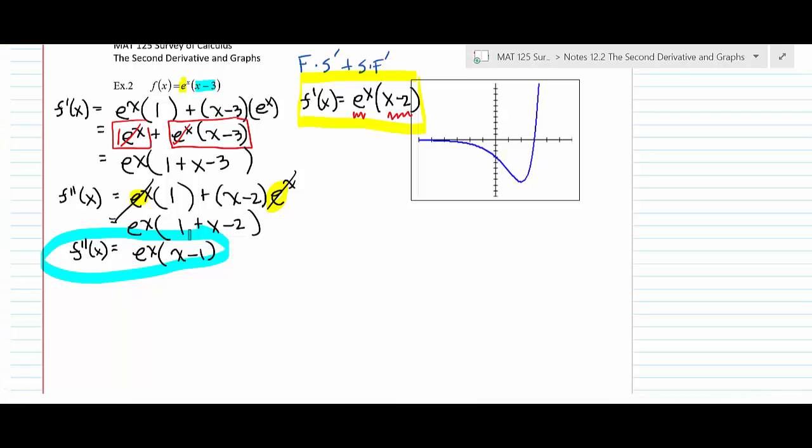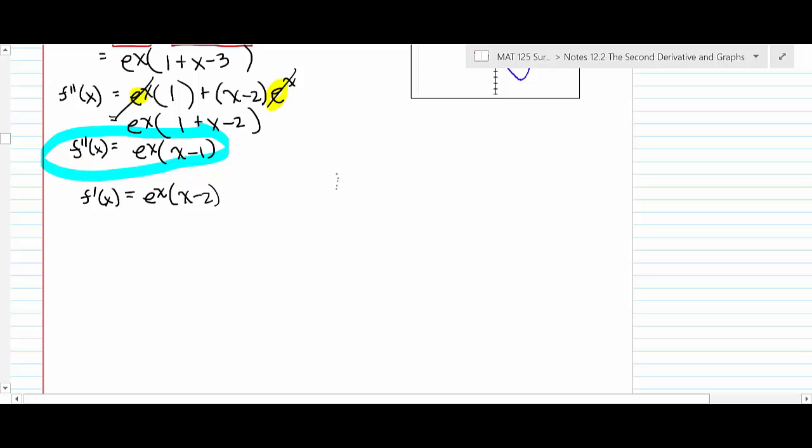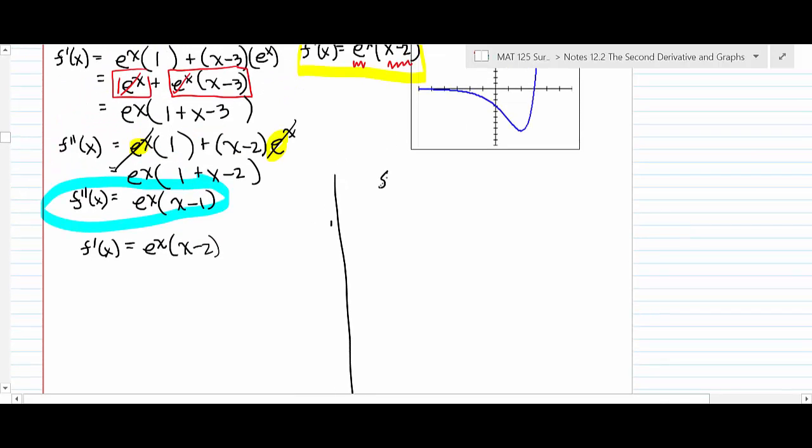So now we're going to do our first derivative test. Let's write down that first derivative, which was e to the x times x minus 2. Then we're going to work with the sign chart on that, and then we'll work with the sign chart on the second derivative. We'll do these one at a time.